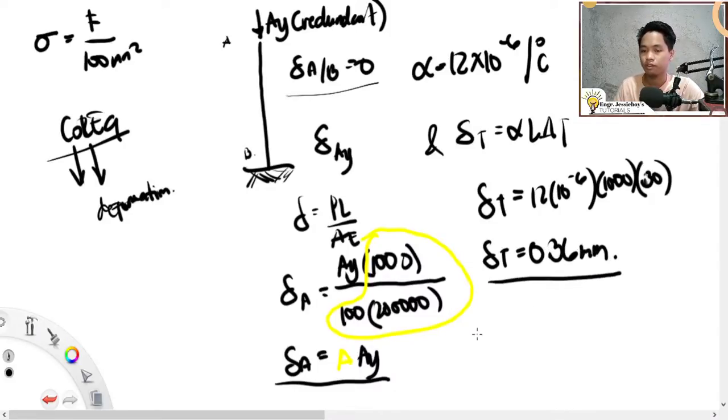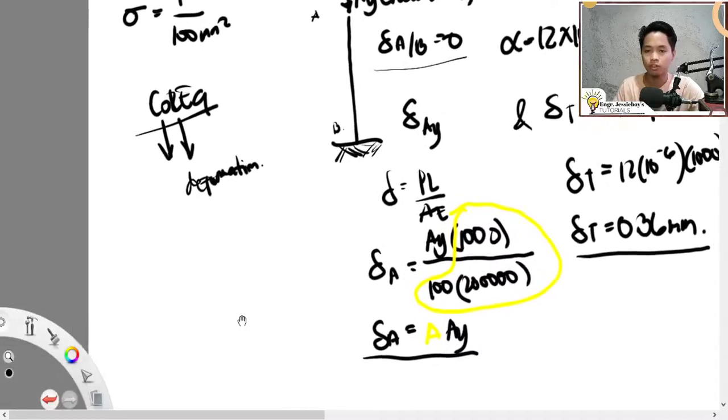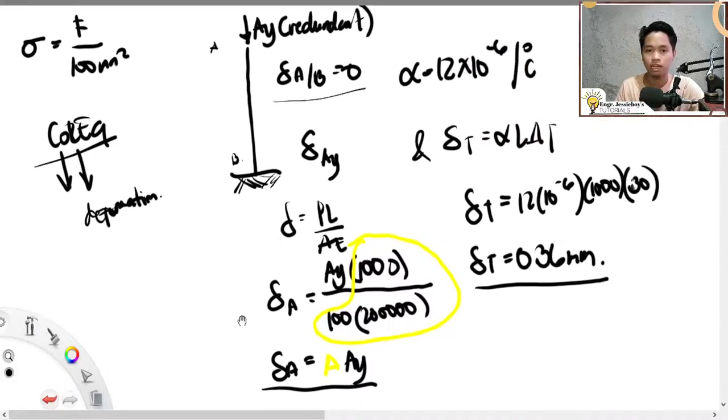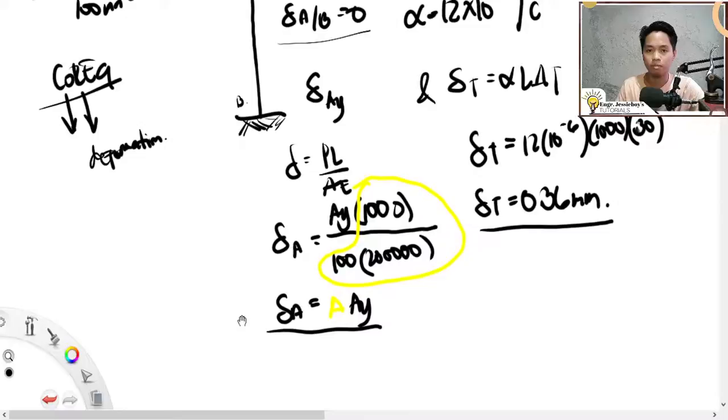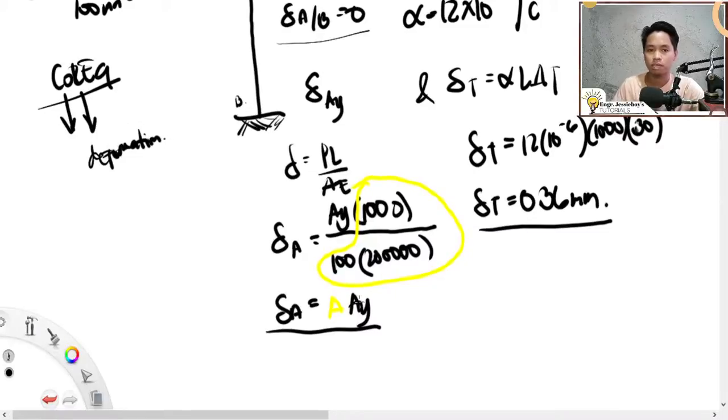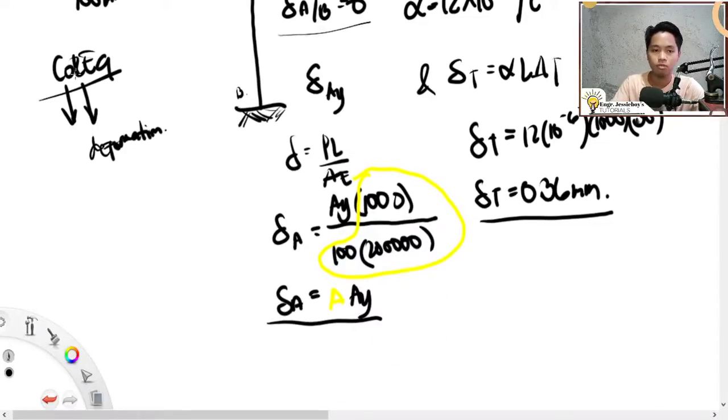Okay, so we already have your deformation due to thermal stress. Since we already have your deformations, we can relate these deformations to our compatibility condition. Always, after you solve for the deformations, you go back to your compatibility conditions.